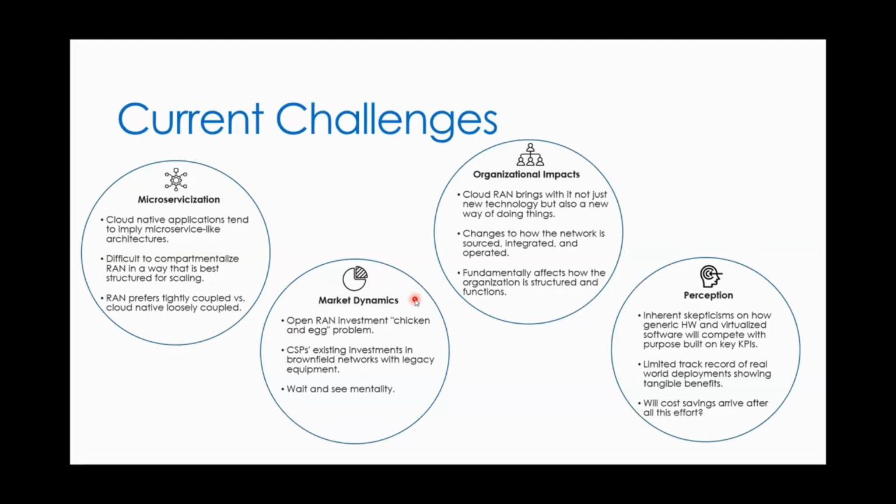And you have these suppliers that want to jump into that market. But everyone's been waiting and seeing who's going to make that investment. If I'm a supplier, I want to know that there's going to be investment there at the other end. And the telcos are saying, well, I don't really want to pay all this money if I don't know that that product is going to be there at the end.